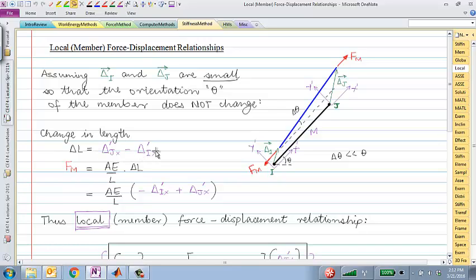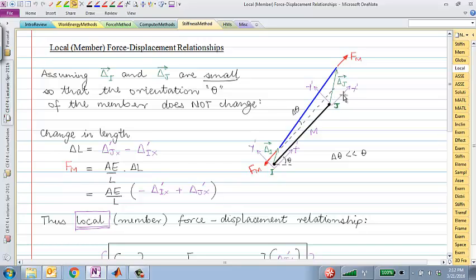And once I have the change in length of that member, then we know that for any truss member, the change in length divided by L, that's the strain, multiplied by area of cross section and the Young's modulus is the force. So the local force displacement relationship for a truss member is really easy.